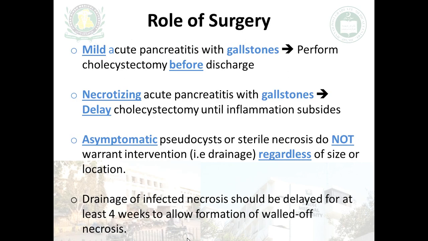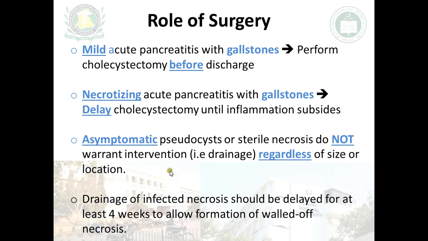Is there any role of surgery in these patients? Yes. Those patients who have gallstones and a mild disease, the cholecystectomy should be performed before the discharge. If the patient has gallstones and necrotizing acute pancreatitis, then the cholecystectomy can be delayed and done after the necrosis has improved.